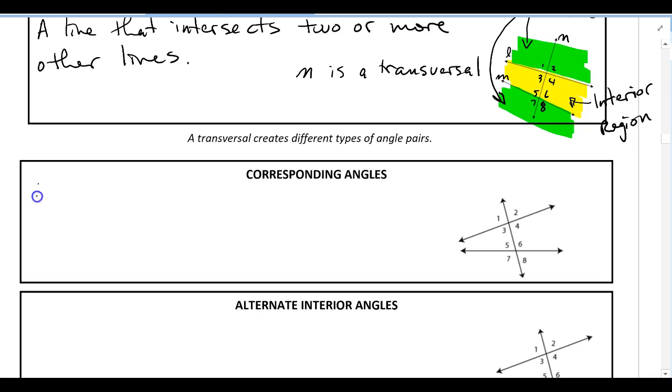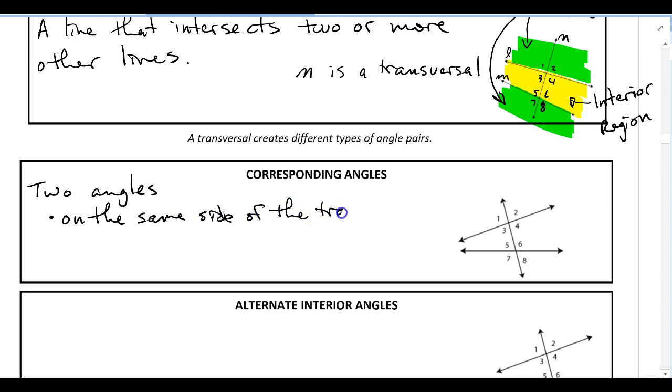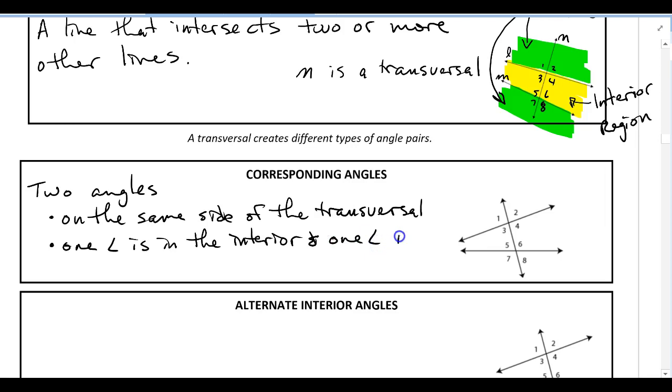Corresponding angles are two angles on the same side of the transversal, and one angle is in the interior and one angle is in the exterior region.